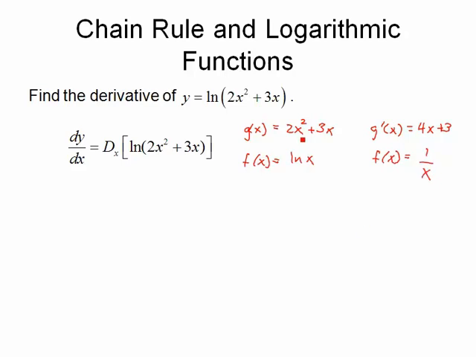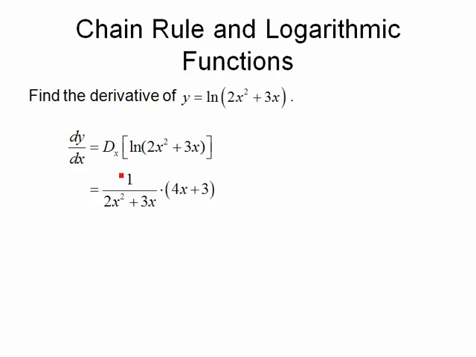So I need to put the g in place of x in the derivative, and then multiply it by g prime. So below here, you see exactly that. Here is the g put into the derivative of the ln function, and then multiplying by the derivative of the g.